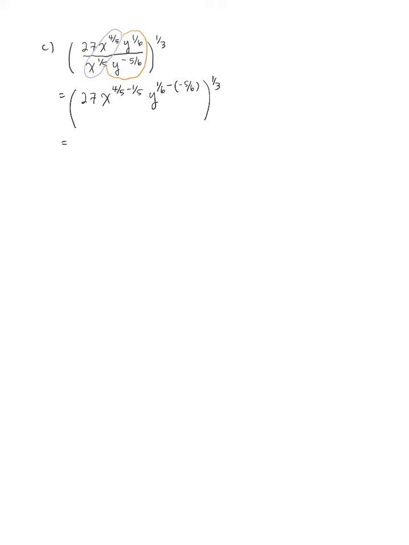So this is same thing as 27 x to the 3/5, and then y to the, remember, 1/6 minus 5/6 becomes 1/6 plus 5/6, which will give us 6/6 to the 1/3. Okay, so now this is same thing as, well, 6/6 is just same thing as 1, so I don't want to skip any steps, so let me just write it like that.